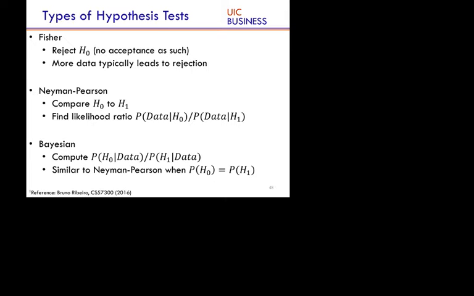Type 1 errors, type 2 errors, and so on. And Bayesian testing is all about computing the probability of a hypothesis given data, right? It's the posterior probability of a model or of a hypothesis given data, and it's going to be similar to Neyman-Pearson when the priors are the same. Okay, Bayes rule.